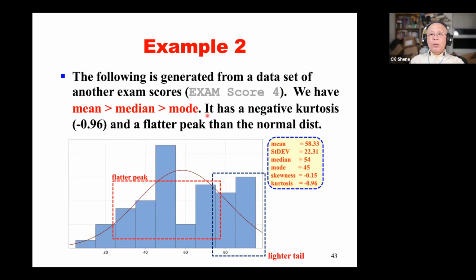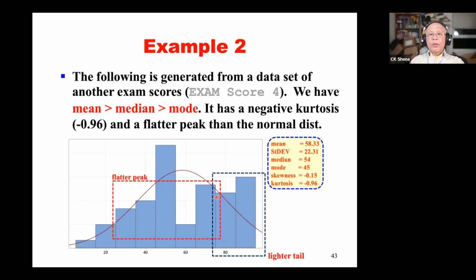Now, exam score 4 data set. This, we have mean larger than median, larger than mode, and the skewness is negative 0.15, moderate, and kurtosis negative 0.96. So it means this distribution probably has a flatter peak here.